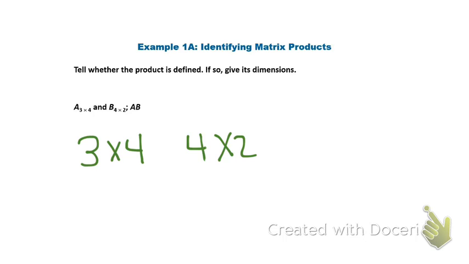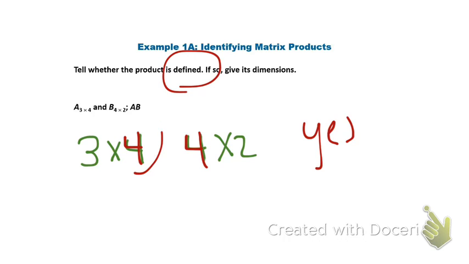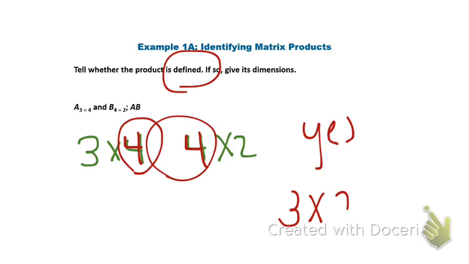So we look at the column and the row to see if we have a match. We have 4 columns here and 4 rows here. So is this product defined? You would say yes, it is, because these match. And your final dimension would be the 3 by 2.